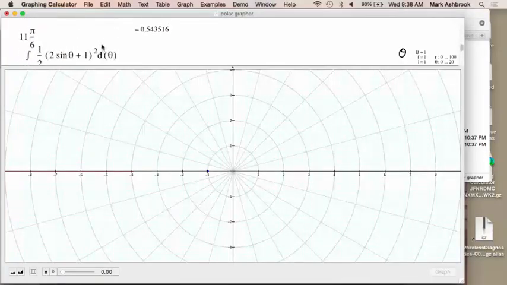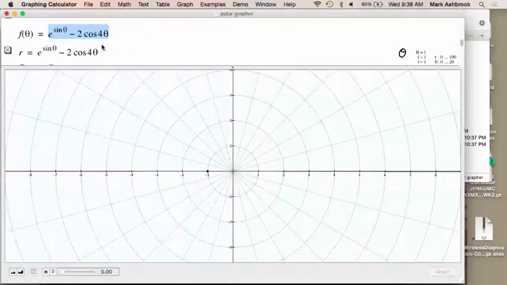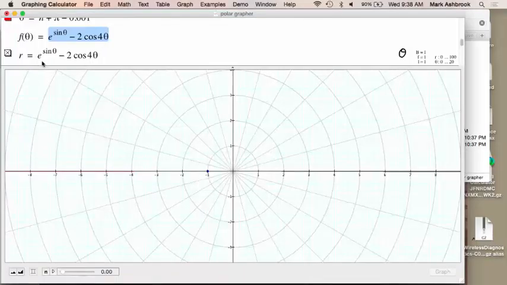This particular function, r equals e to the sine theta minus 2 cosine 4 theta. That's the function I want to show here. The distance from the pole is determined by the value of theta according to that expression. So we still have functions, but now it's r as a function of theta.